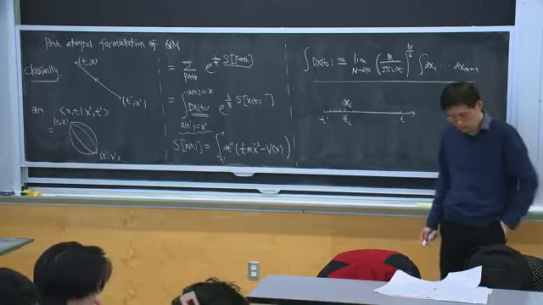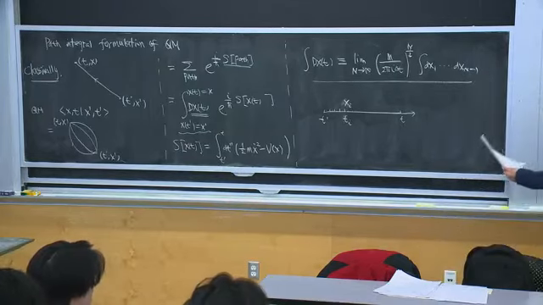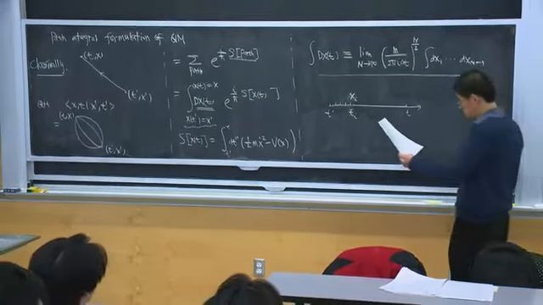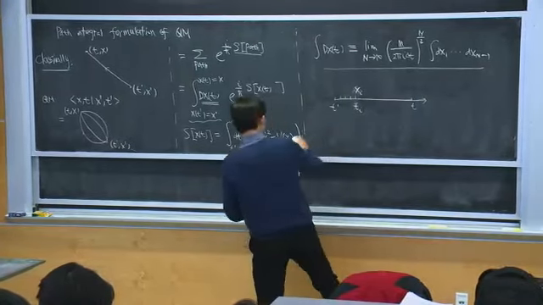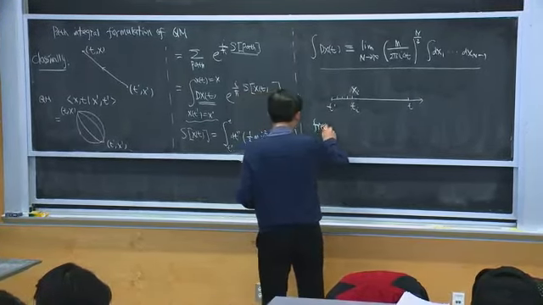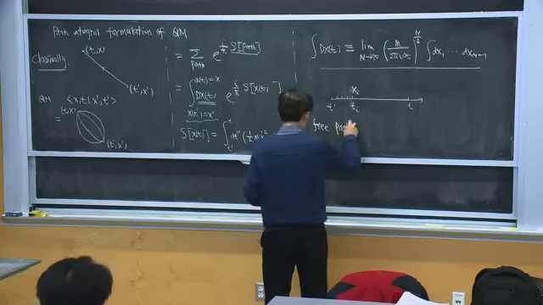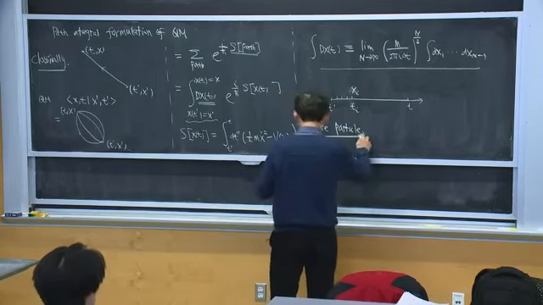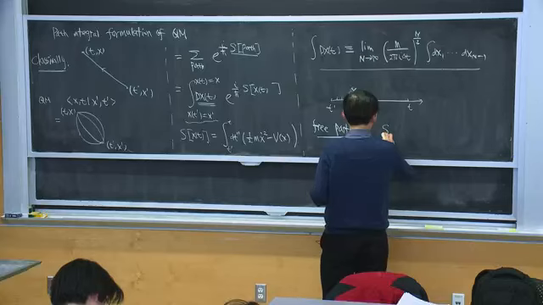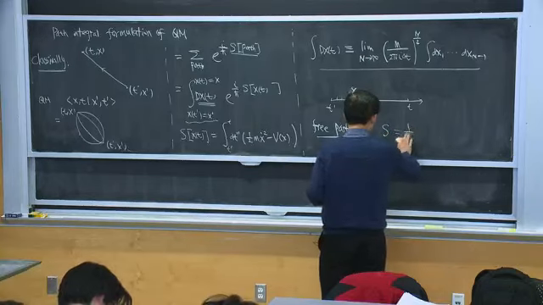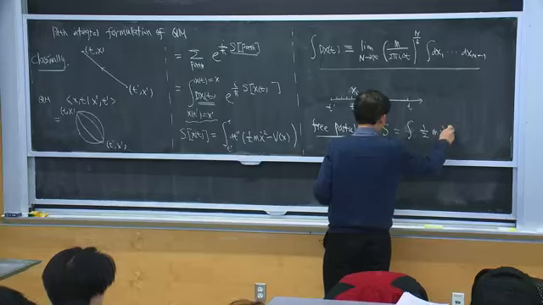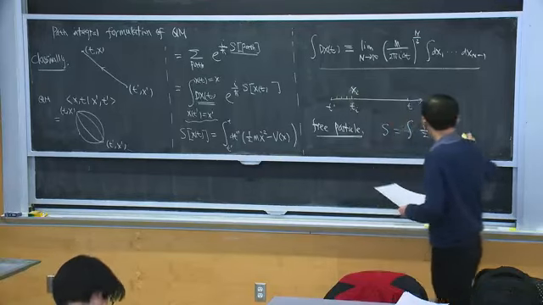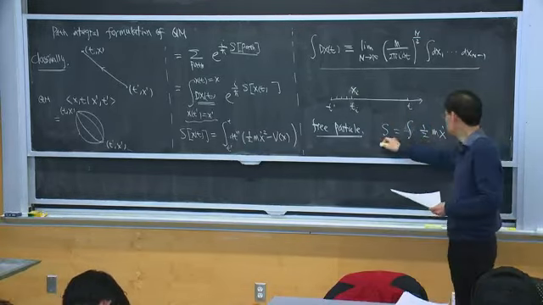Okay, good. A simple example is just a free particle. When you have a free particle, then S is particularly simple. It's just the integral of 1/2 m x dot squared.